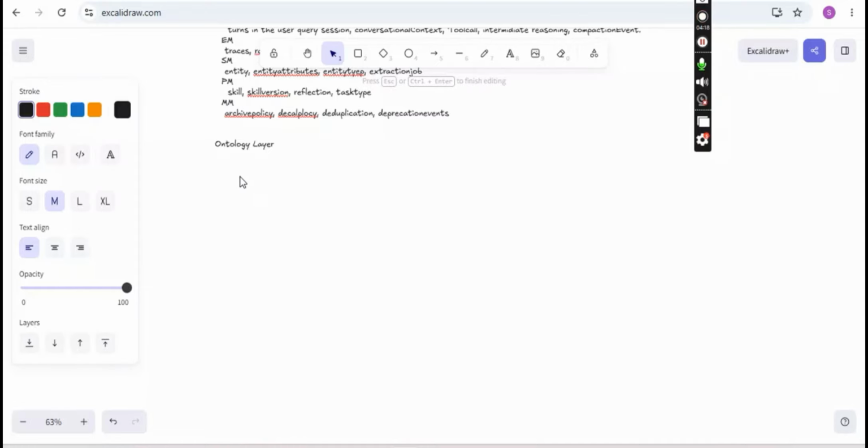So for example, working memory will have one active context window, and one context window has a maximum token capacity of type integer. One active context window, I am saying CW, has a max token capacity.